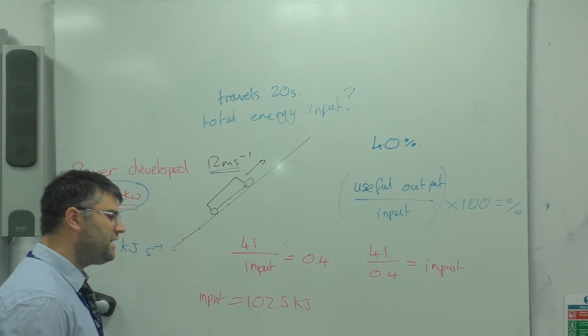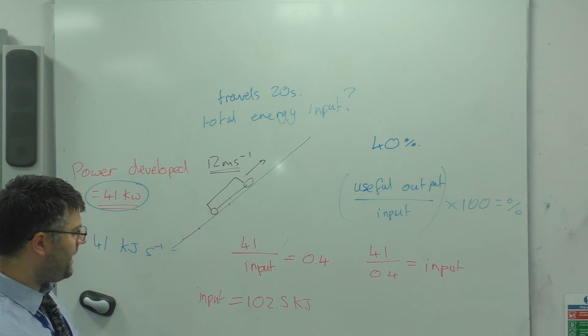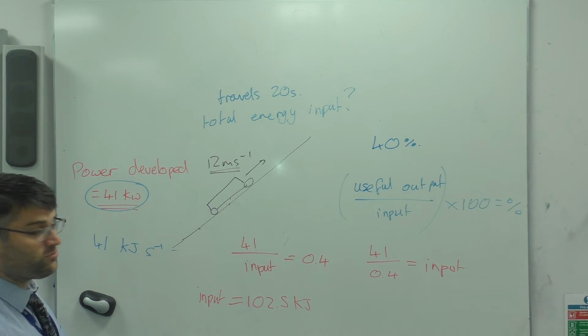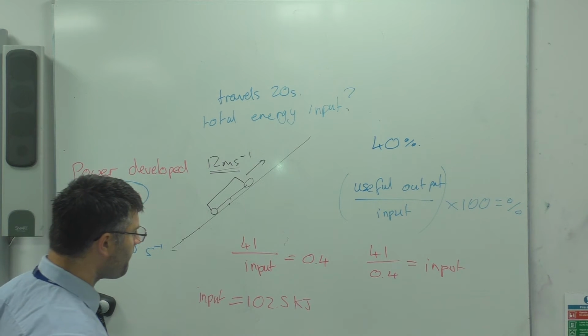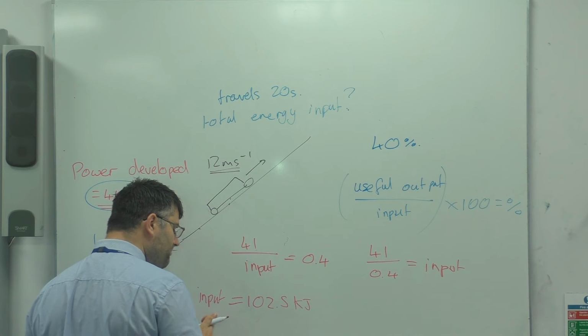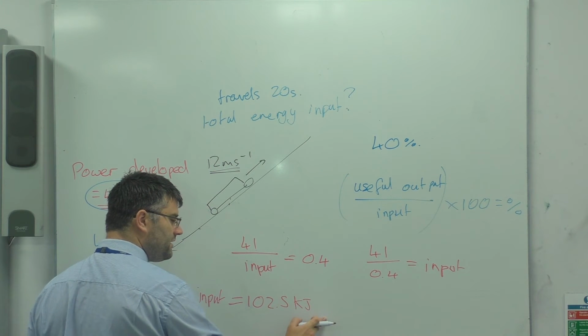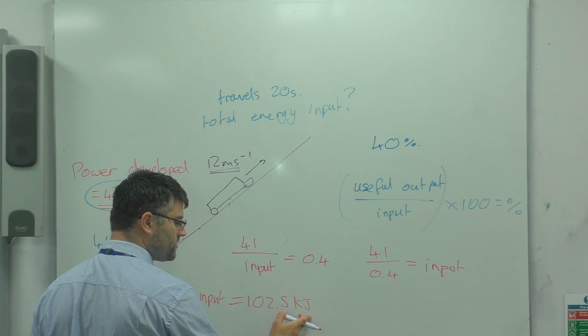So remember, we're still in kilojoules here, and it's absolutely fine to be working in kilojoules until we get to the final answer, which we'll probably still leave in kilojoules, won't be a problem. So what we're doing then is we're saying that the input every second is 102.5 kilojoules.